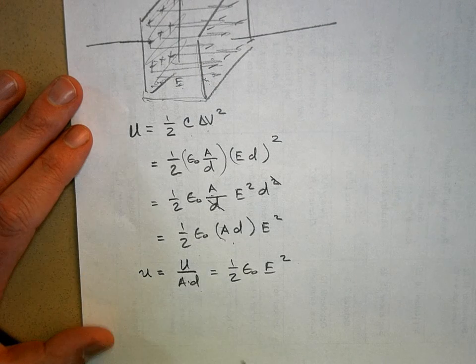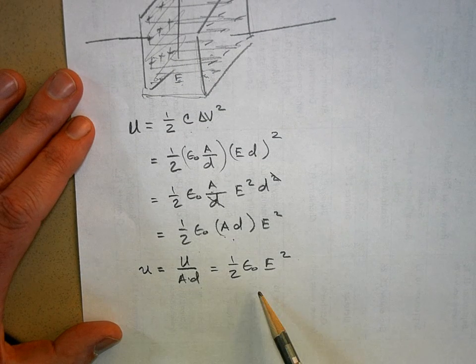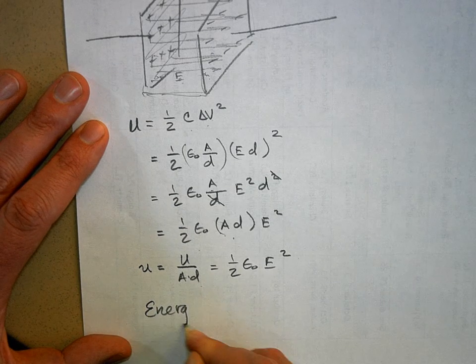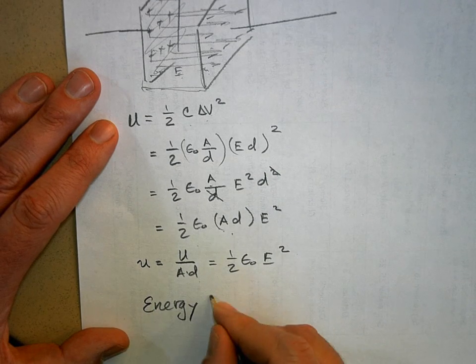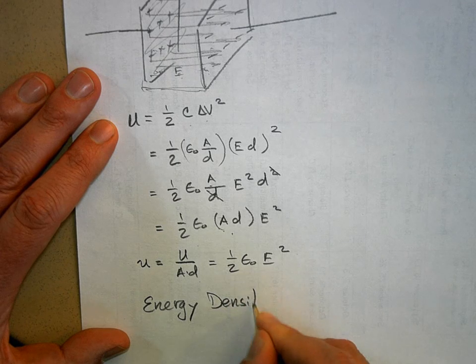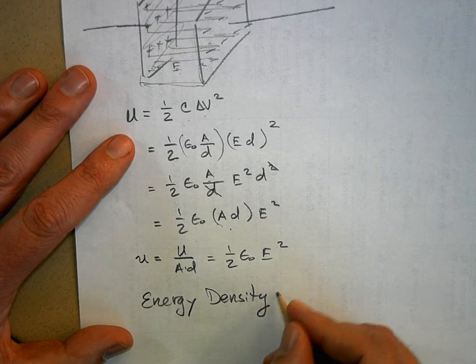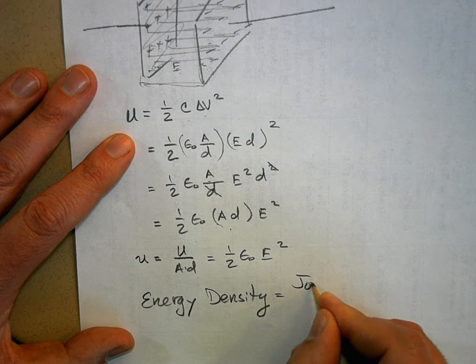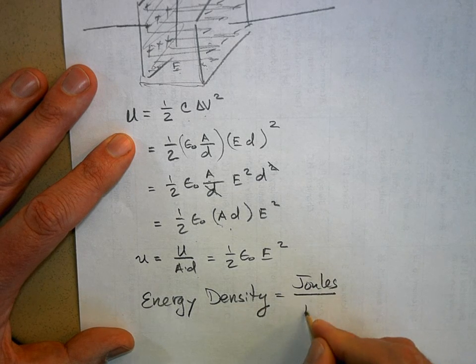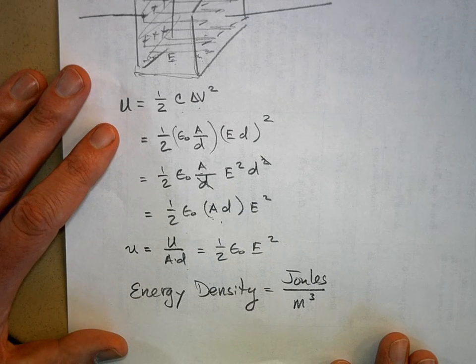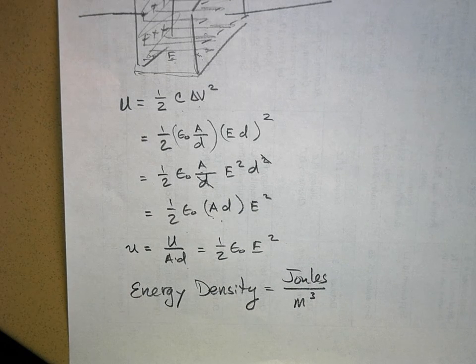So what this tells me is that the energy density, that is joules, in terms of units, is joules per cubic meter in the metric system, right? Just because there is an electric field, there is energy contained in that space.